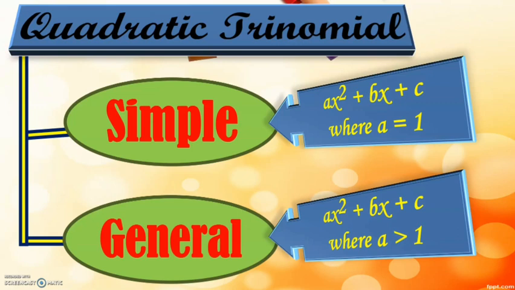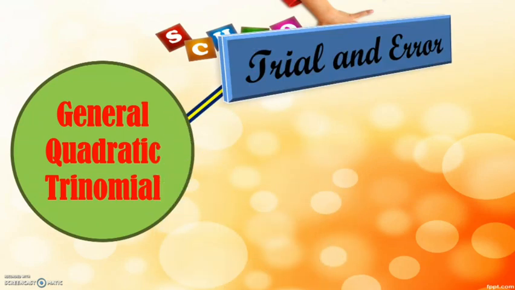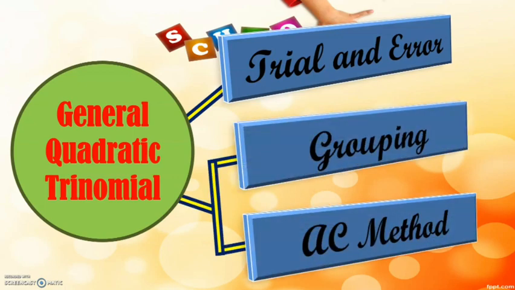Actually, there are different ways we can factor, or find the factors of, a general quadratic trinomial. First one, we can use the trial and error method. Second one, we can use the AC method incorporated with factoring by grouping.